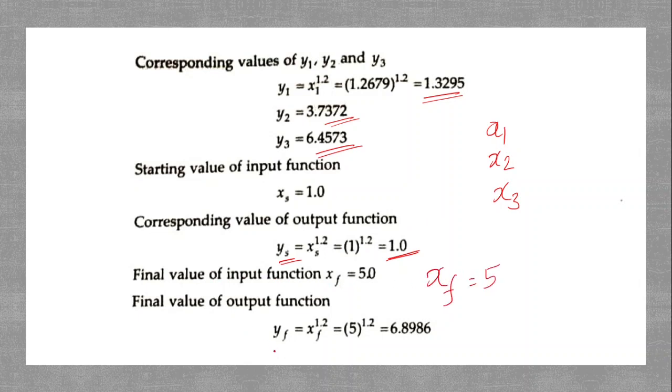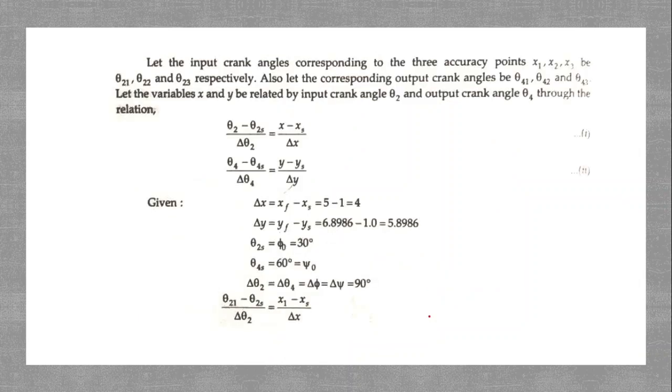Then the final value of the output function yf is equal to xf raised to 1.2, that's equal to 6.8986. Then let the input crank angles corresponding to the three accuracy points x1, x2, x3 be theta 21, theta 22 and theta 23 respectively.